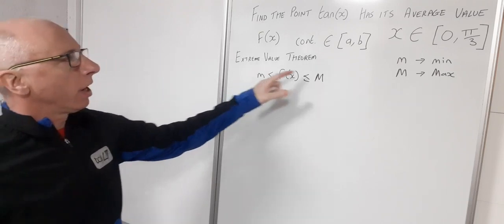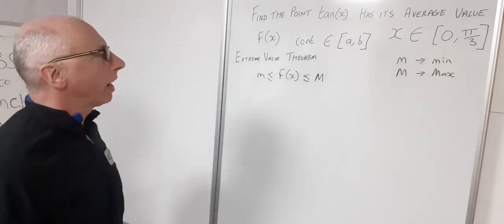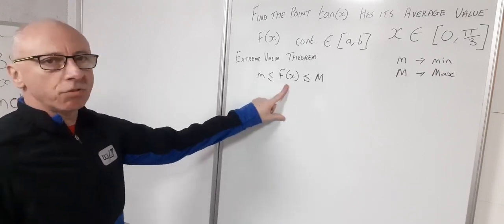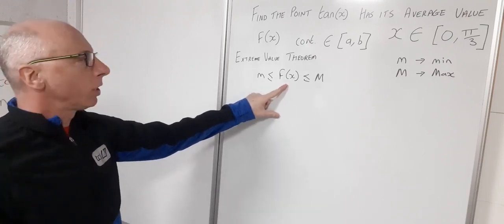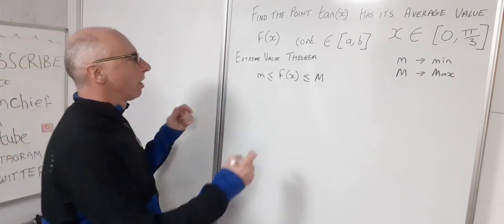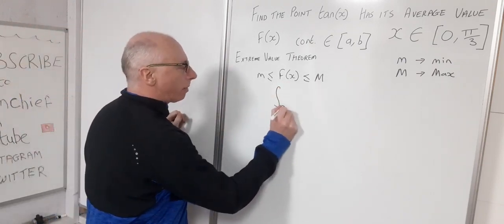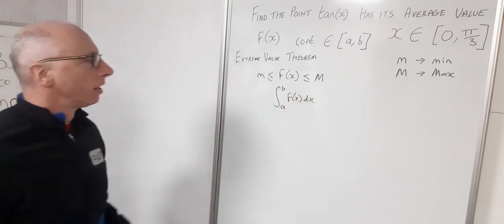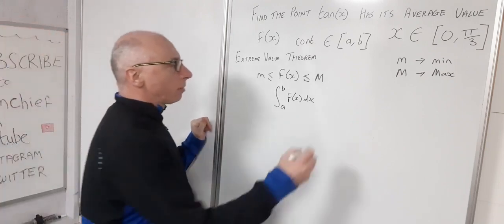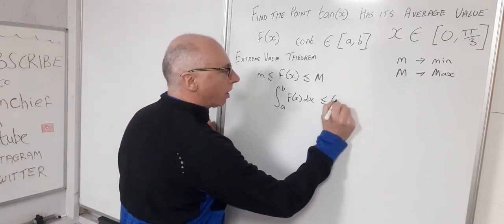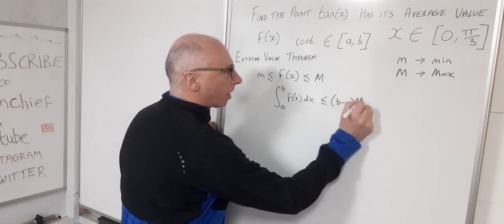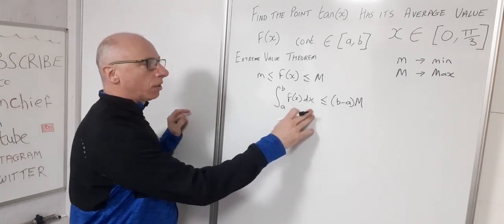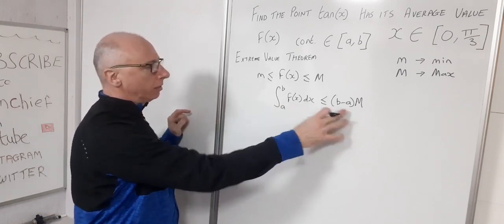Okay, now we want to know over the range of these values for our f of x what the average value is. So by that, let's introduce the comparison theorem, which uses the integral of our f of x. So if we have our integral from a to b of f of x dx, what we can use is the comparison theorem, which gives us b minus a times our capital M. And this integral is always going to be less than this value.